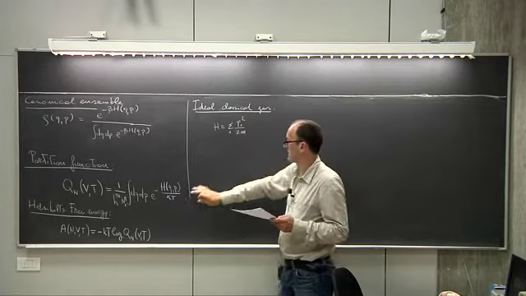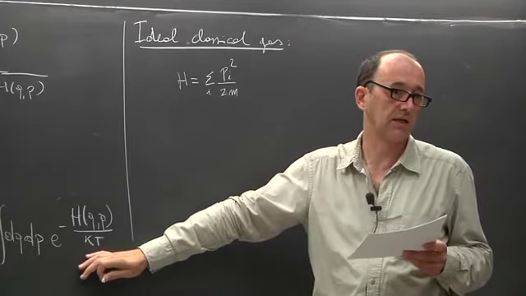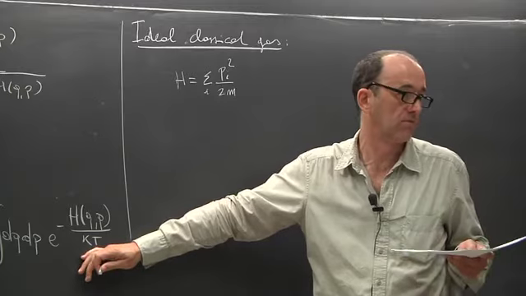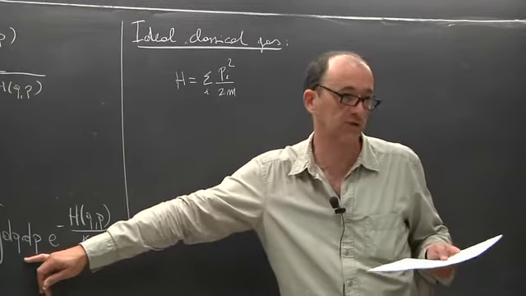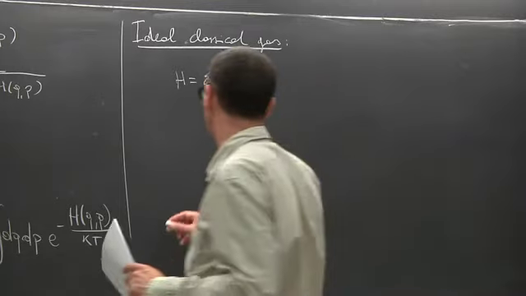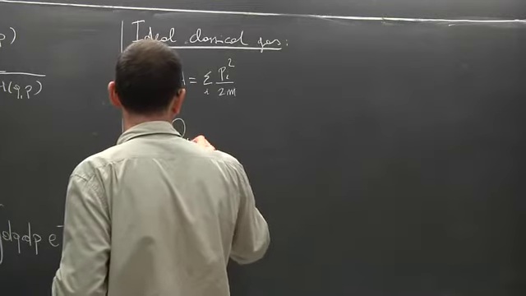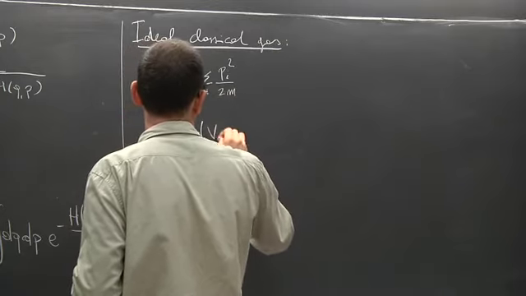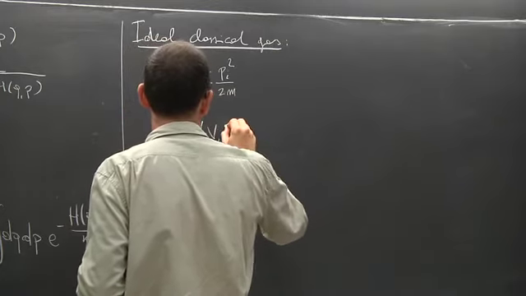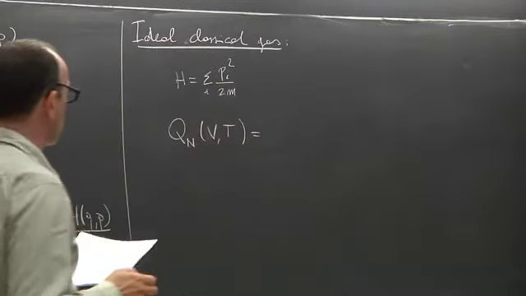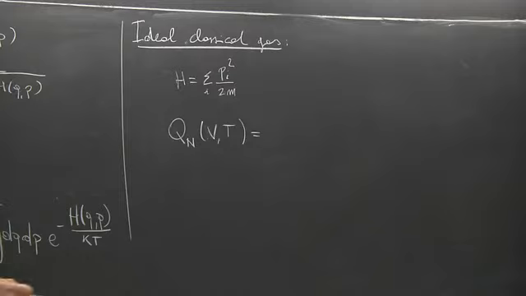The integral over the volume is very easy to do. The integral over q is just the volume to the power N. And the integral over the momenta is just a collection of Gaussian integrals.